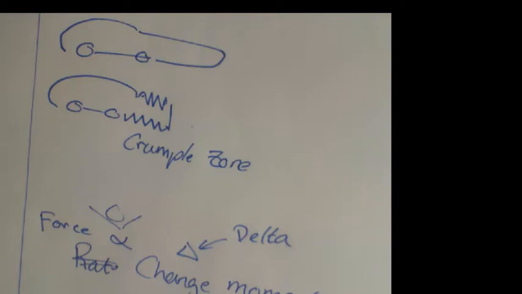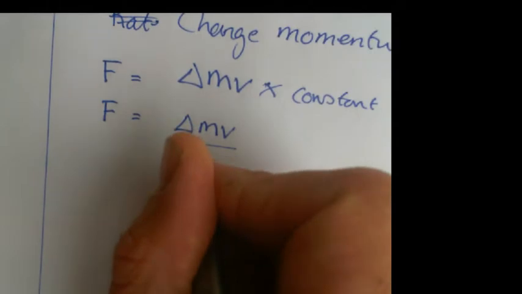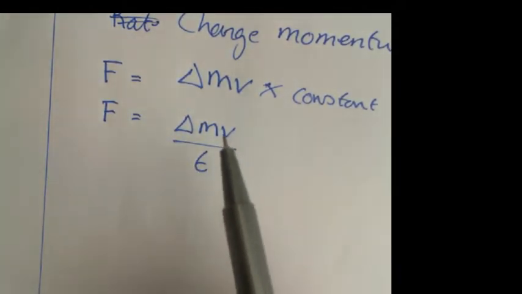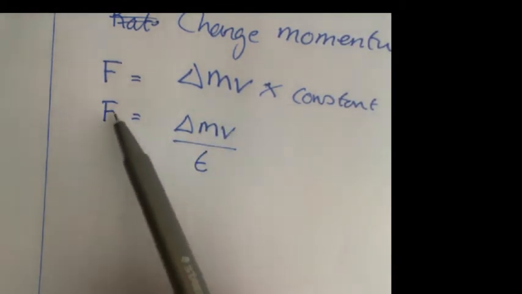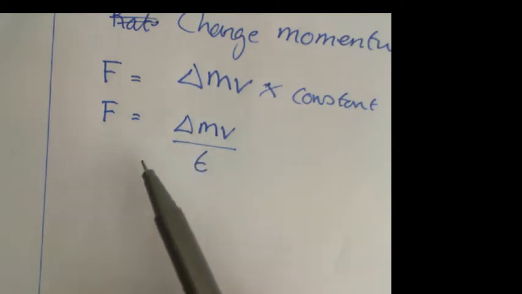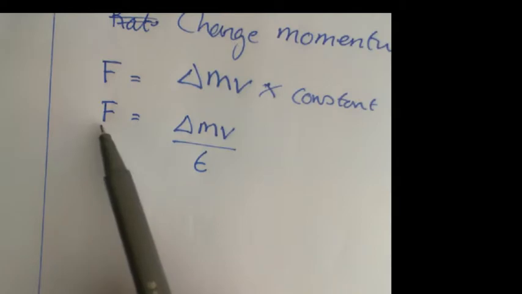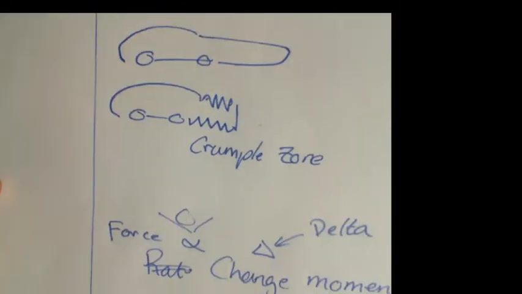And if something's inversely proportional, we pop it on the bottom, not the top. I put time there. Okay, so what I'm saying here is the more I want to change the momentum by, the more force I will need. But the longer I take to change that momentum, the bigger this number is, the smaller this number is. And that's why cars have crumple zones. It's why cricketers move their hands backwards in order to take a catch.